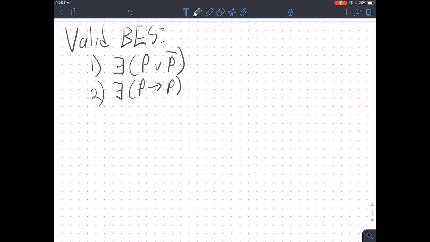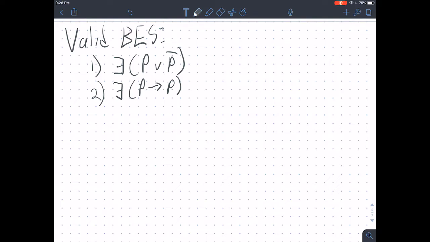Anything that looks like any of the schemata that we've seen up until this point, except they have capital letters, can be the term schema of a Boolean existence schema. So both of these are valid, and they're valid because the term schema inside of them, P or not P, or if P then P, is valid. And again, you can convince yourself of that with a truth value analysis if you don't believe me.